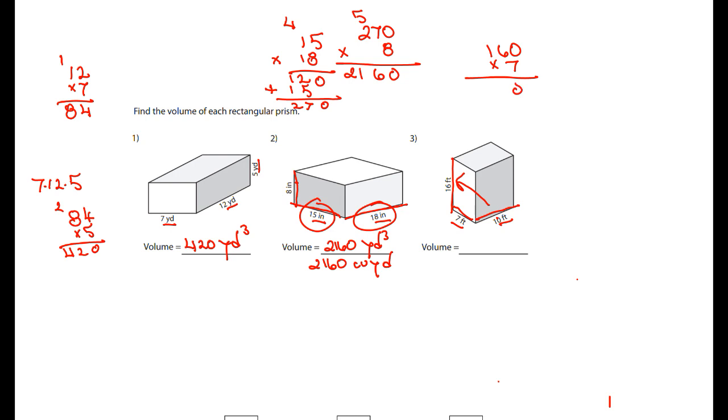What's 6 times 7? Well, 7 times 7 is 49. It's actually 42. Put down the 2, carry the 4. 7 times 1 is 7, plus 4 more is 11. So this one's 1120 cubic yards. Okay? Or you could put 1120 yards, cubic yards. Either one.